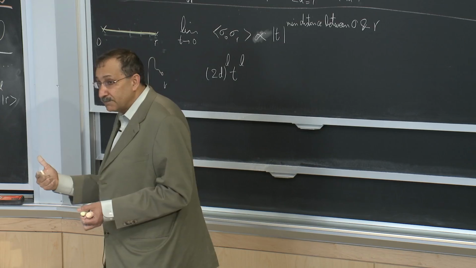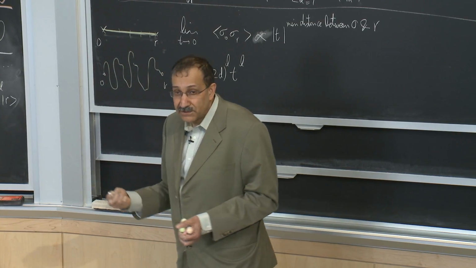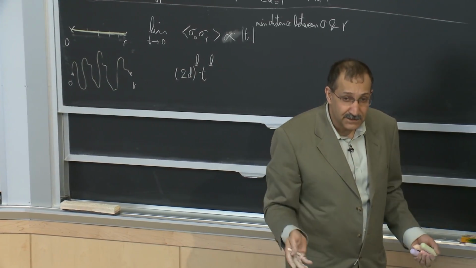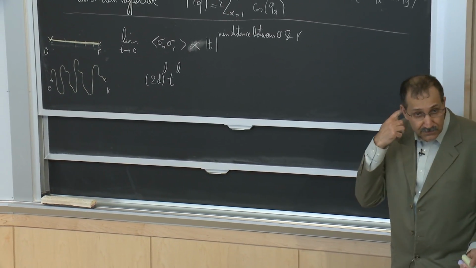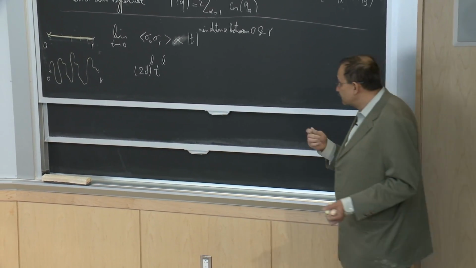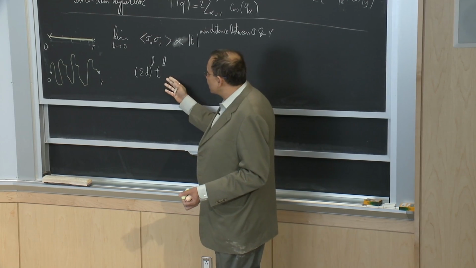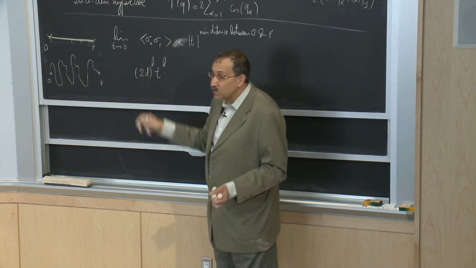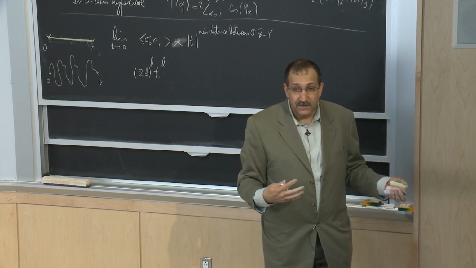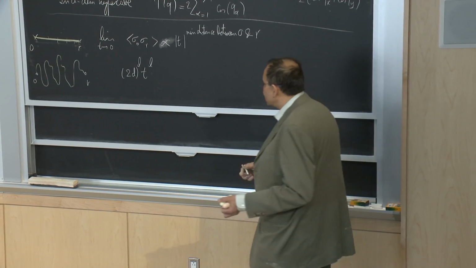So at each step, I have in 2 dimensions a choice of 4, in 3 dimensions a choice of 6, in d dimensions a choice of 2d. Okay? So you can see that this is exponentially small, this is exponentially large. So they kind of balance each other.